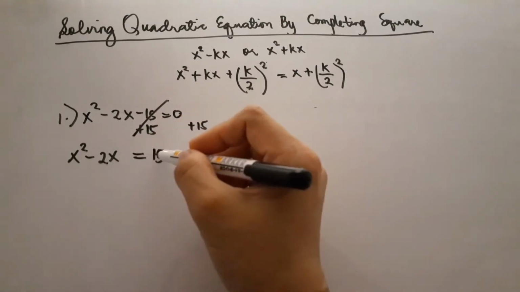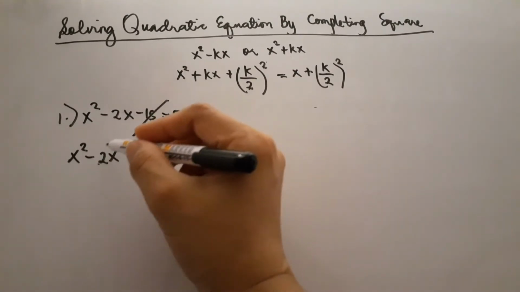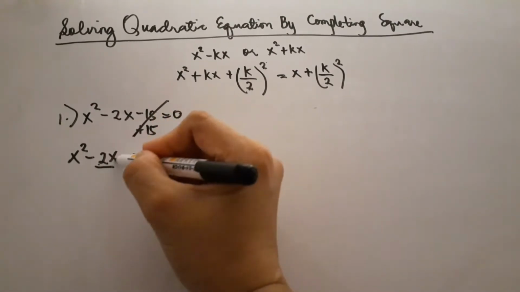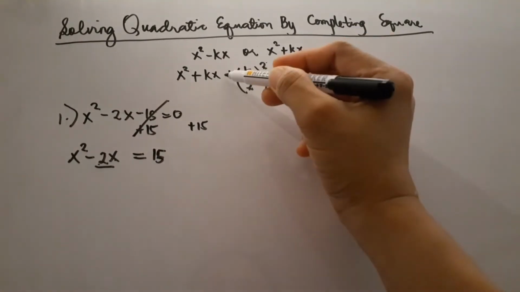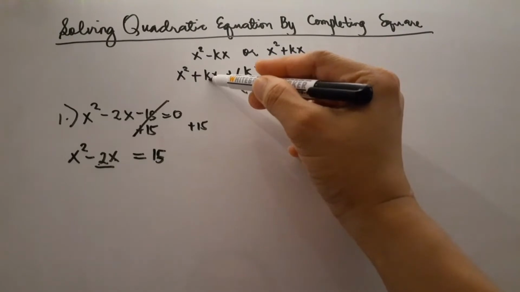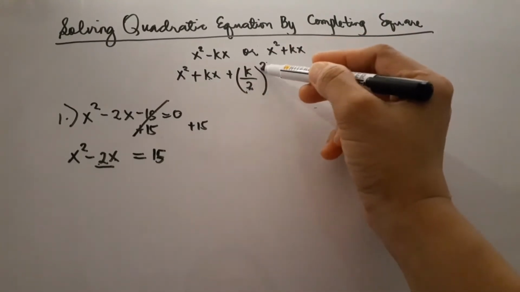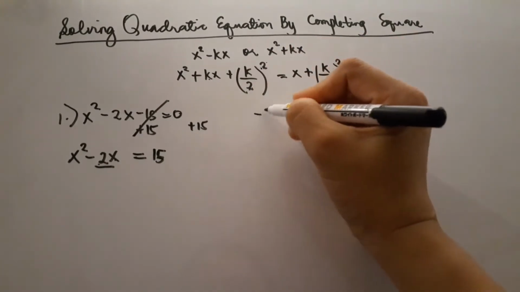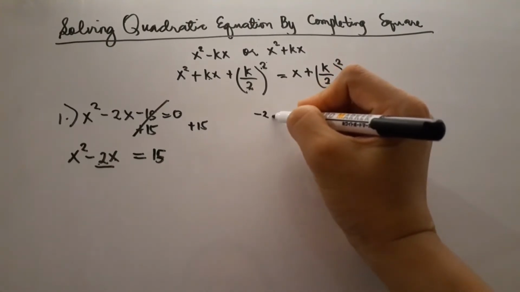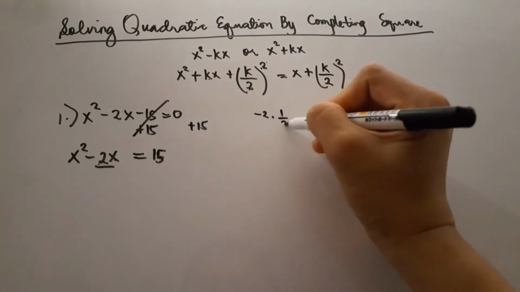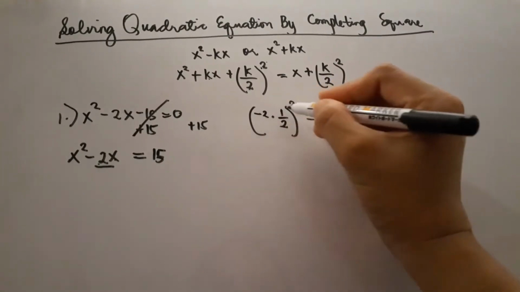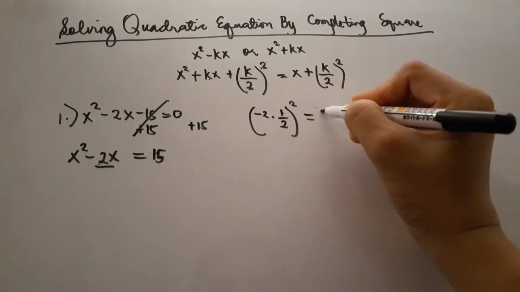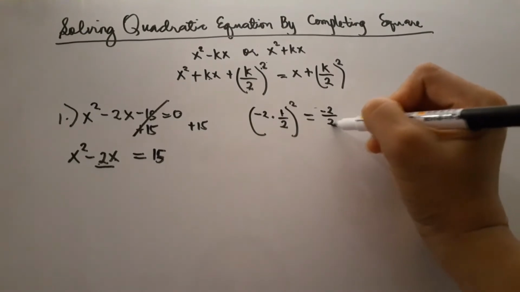And then by using completing the square, we use the coefficient of x like this, and then we multiply it by 1/2. So we have negative 2 times 1/2, squared, is equal to negative 2 over 2.